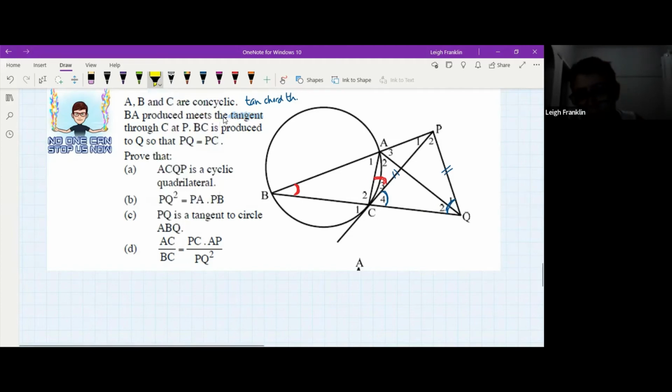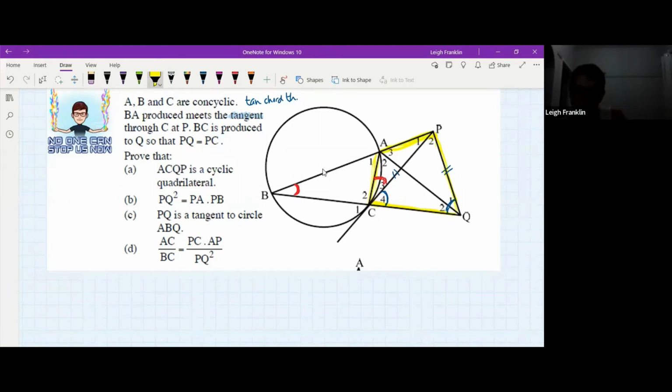Here it is. The first thing that I notice is that there's a bow tie inside. So if there's a bow tie inside, I'm starting to think converse angles in the same segment. But it could be that, or it could not be. We'll have to just wait and see.